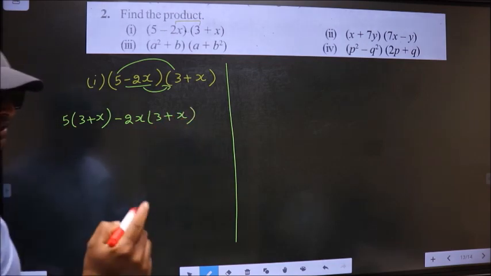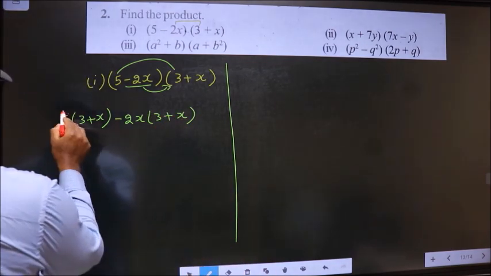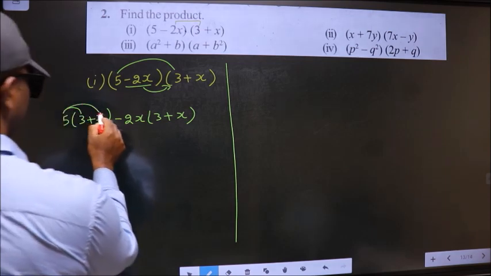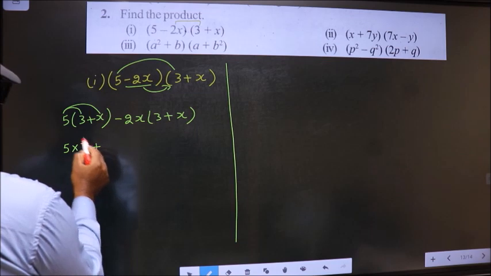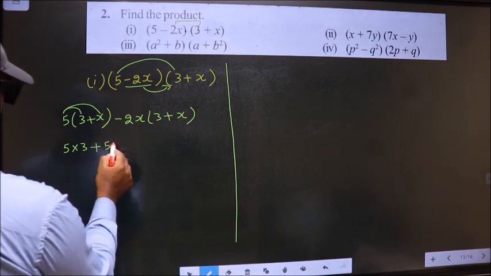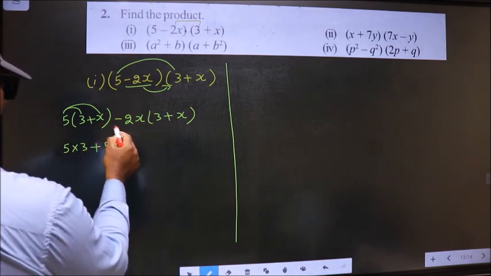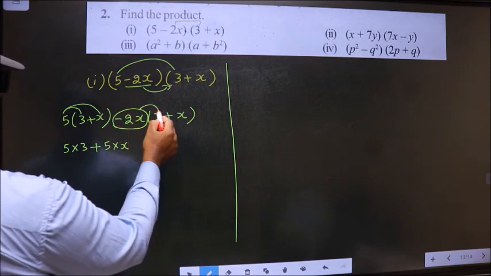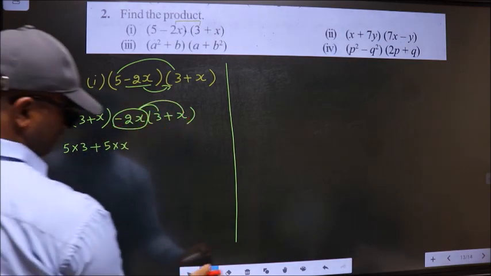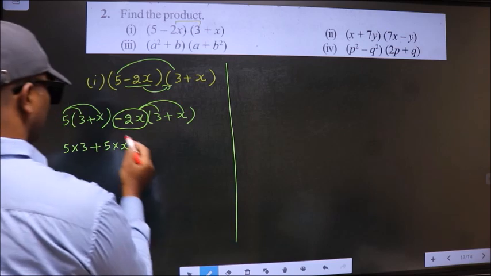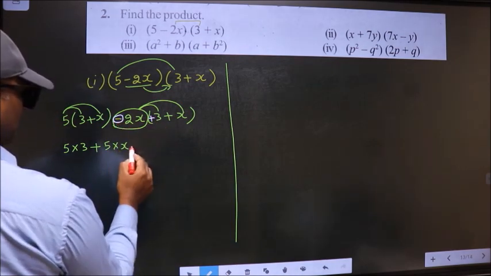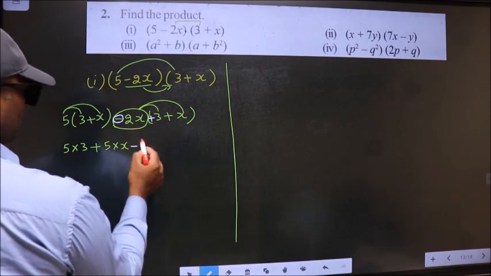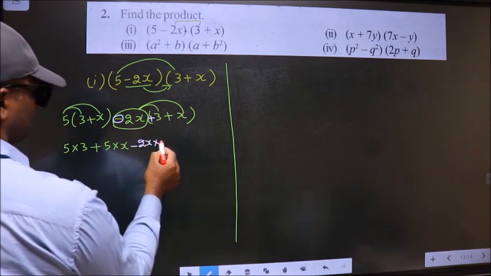Okay. Next. Now with 5, you open up the brackets. You get 5 into 3 plus 5 into x. Now with minus 2x, you should open up the brackets. Here it is minus and here it is plus. Minus into plus, minus 2x into 3.